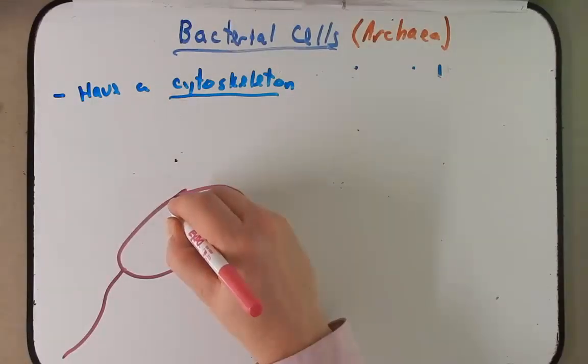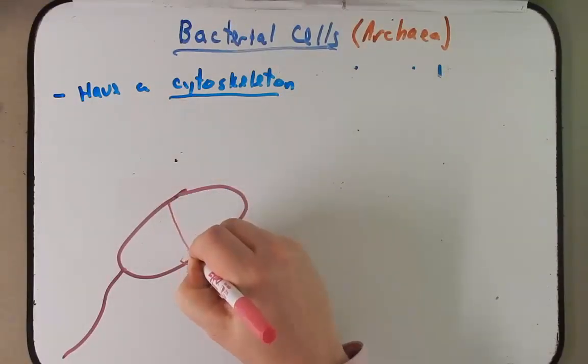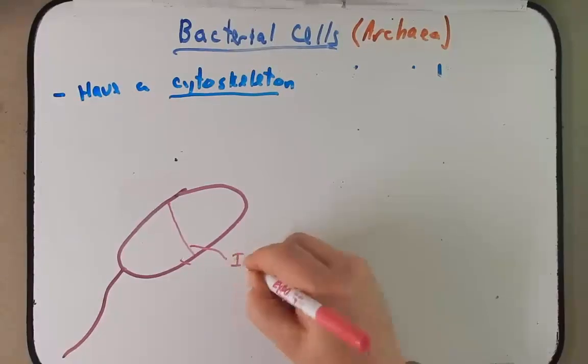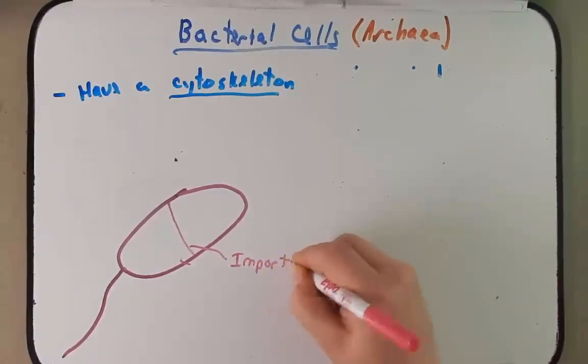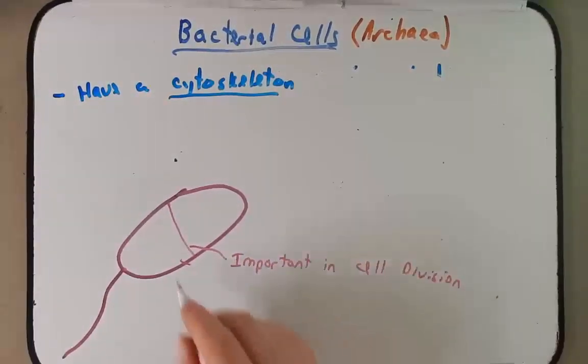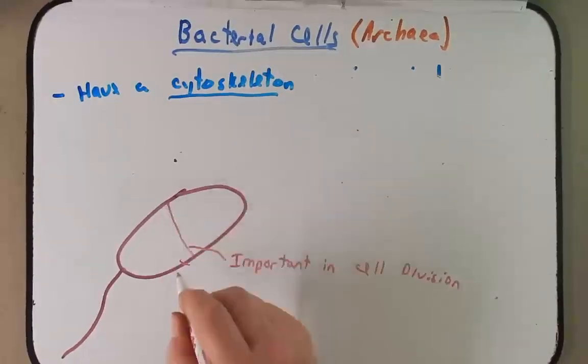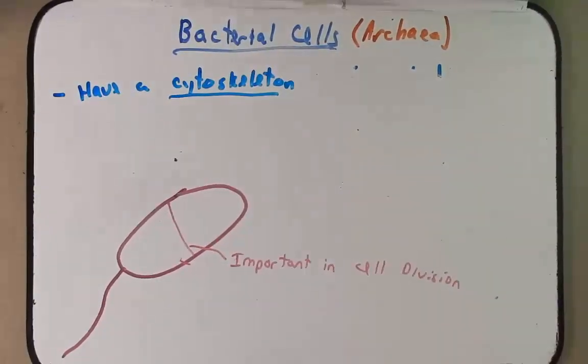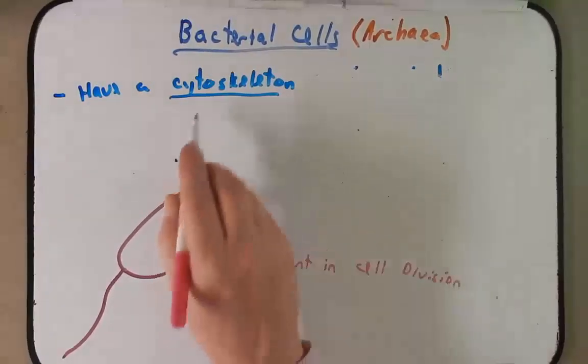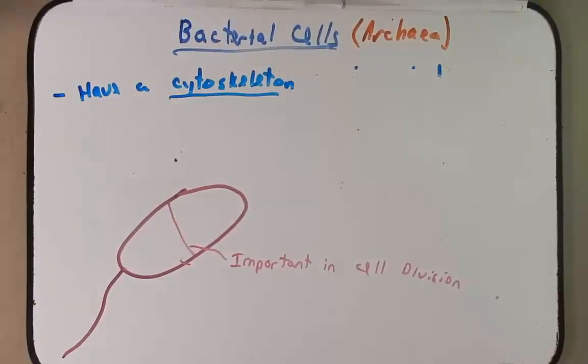But for instance, cytoskeletal proteins are important in cell division. They help pinch this cell into two separate cells during cell division. Now, we're still learning about these cytoskeletal elements in bacterial cells, but what we're learning is that it's much more complex than we ever thought it was. Still not quite as complex as eukaryotes, but more complex than we at one time thought.